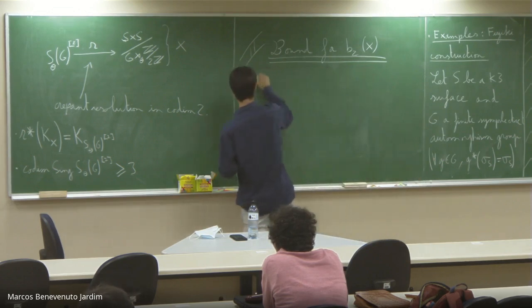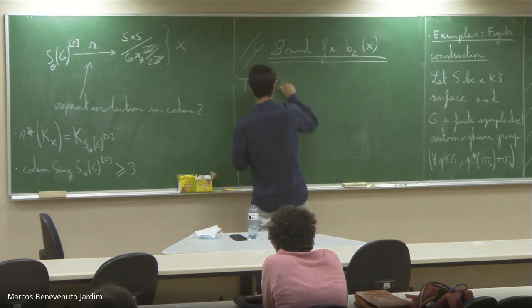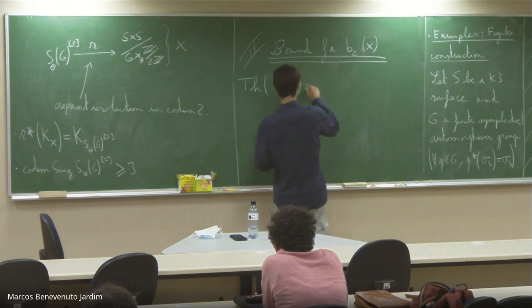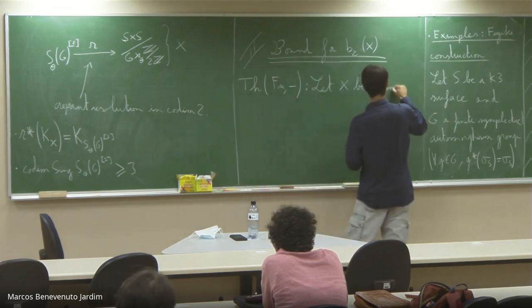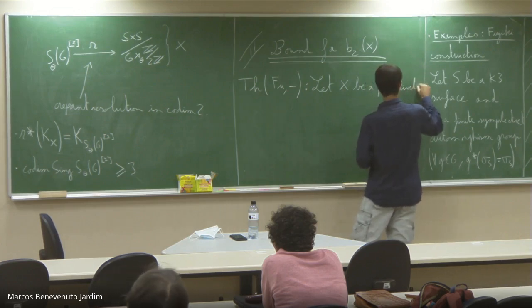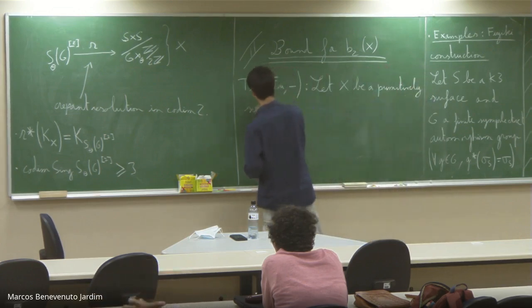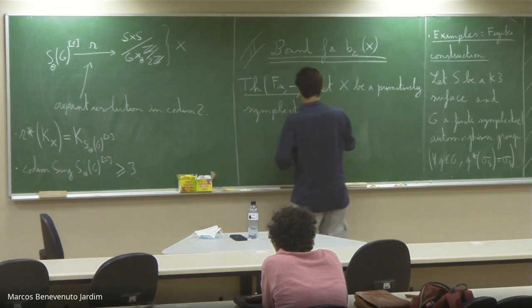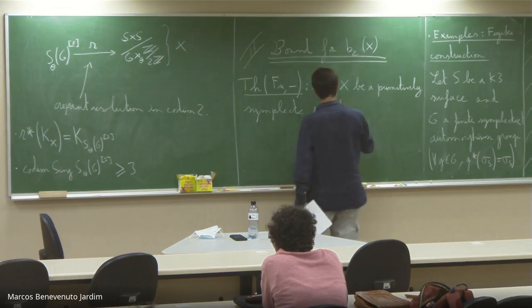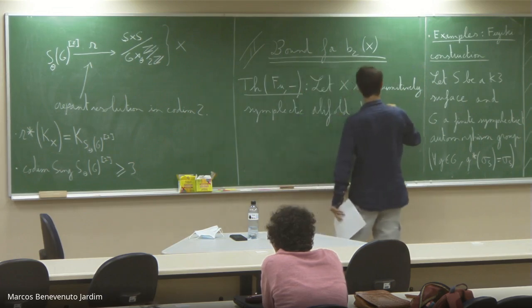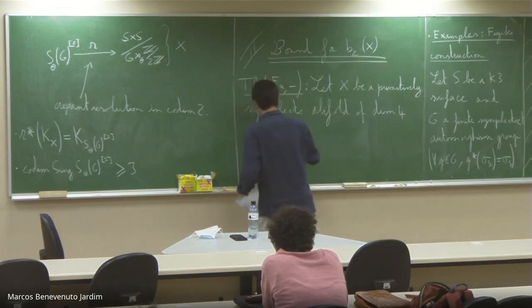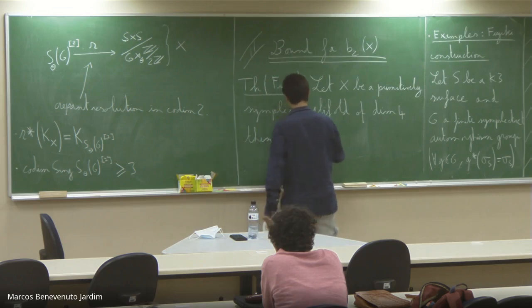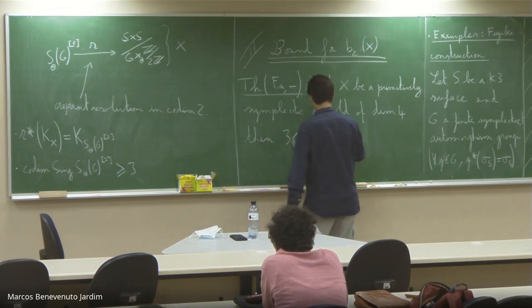So the main theorem is the following. It's a theorem of Fu. If you take X, a primitively symplectic orbifold of dimension 4, then the second Betti number will be bounded between 3 and 23.